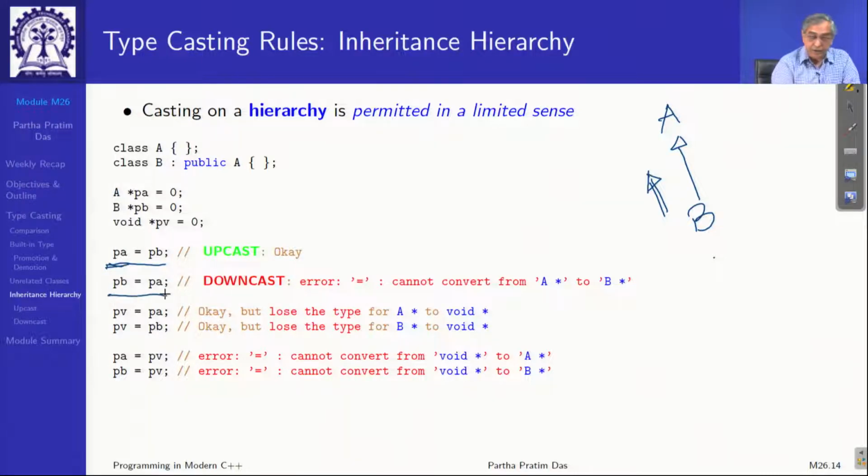But if I do the reverse, that is, I take an A object pointer and think that it is a B object, then I will have serious problem, because the B type pointer will expect those additional data of the B class above the base class part, which are not there. So, this will not be permitted. This is called downcast. Now, I can convert any one of them implicitly to void pointer, which we have seen earlier as well, but the reverse naturally is not allowed.